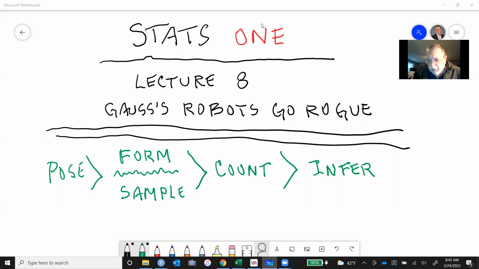And after that, we count. After that, we infer. But it's entirely possible that count, which is our model of what we observe, and again, doesn't matter what the setting is really, might inform us as to the kind of sample that we need.